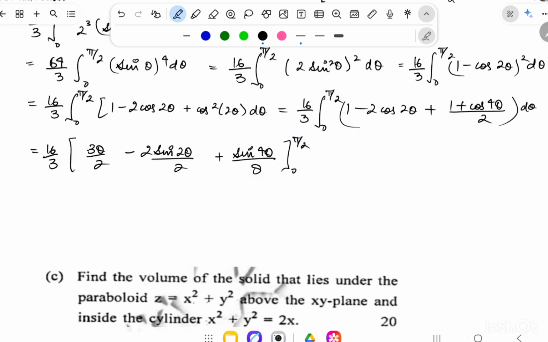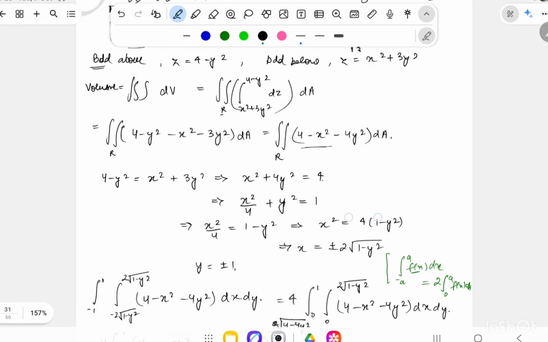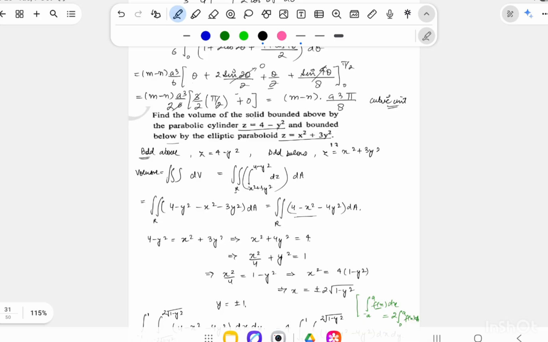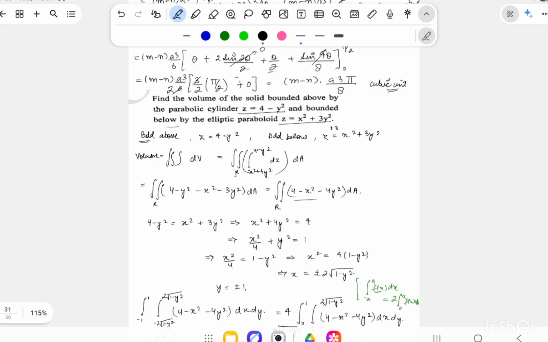So it will be equal to 16 by 3 times 3 by 2 times pi by 2 minus, the rest will contribute 0 because sine pi is 0, sine 0 is 0, and sine 2 pi is also 0. So this and this contribute 0 only. This 3 balances out this, so it will be 4 pi. So 4 pi is basically the final volume of the given solid that is bounded by this parabolic cylinder and the elliptic paraboloid.